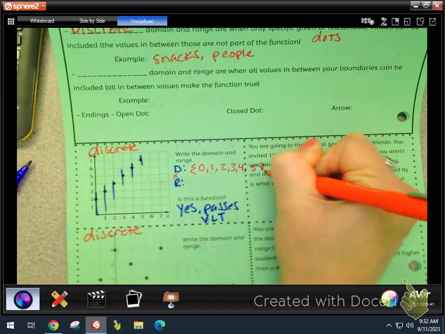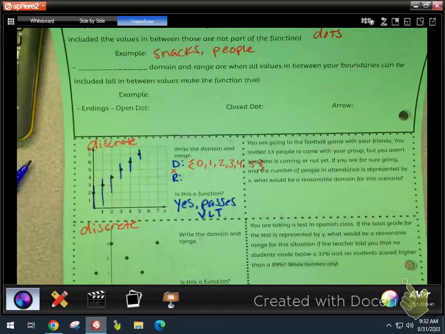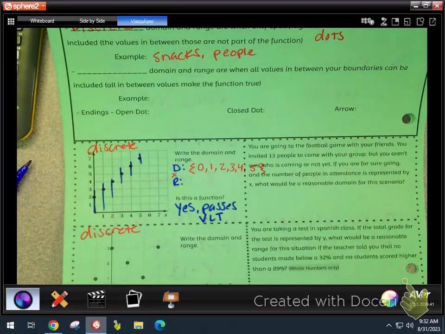Nope. Close it off. Okay, so that's how I write my domain. I just look at my picture. What X values happen? Do I have a dot at 6? So do I put 6 in my domain? No. Do I have dots at negative X's? No. So I just start there. Those are the only X values.